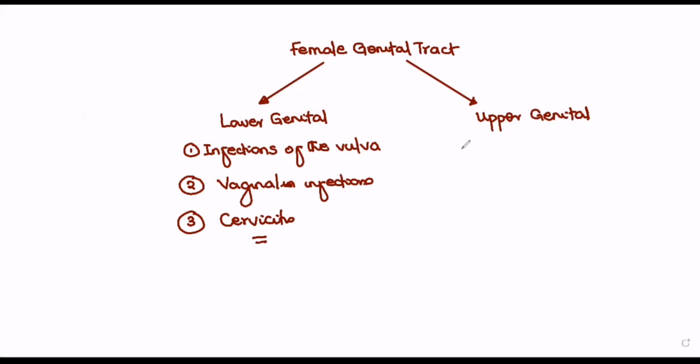Then you come to the upper genital tract. All of them can be grouped into one umbrella: pelvic inflammatory disease, PID. So PID is an upper genital tract infection. Pelvic inflammatory. Are we good?